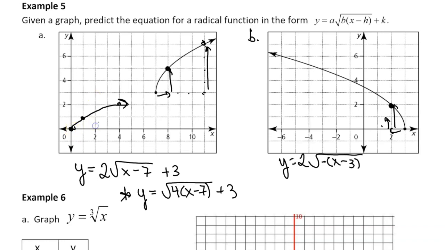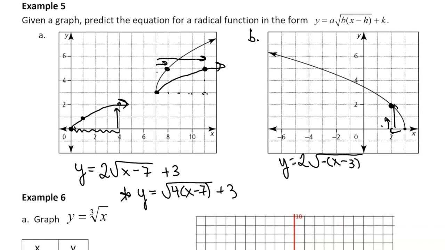If you think about what your original function would look like, if I went over 4 and I went up 2, think about what would happen here if you said, what if we go over 4, 1, 2, 3, 4, and if I go up 2, normally it would look something like that, but now I've actually only gone over 1 unit horizontally instead of 4 units horizontally.